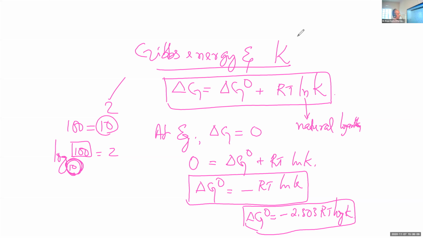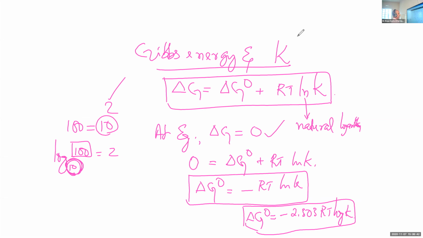So Gibbs energy change delta G is equal to delta G0 plus RT ln K, where delta G0 is the standard Gibbs energy change, R is the gas constant, T is absolute temperature, and K is the equilibrium constant. But at equilibrium, delta G, the change in Gibbs energy, is equal to 0.